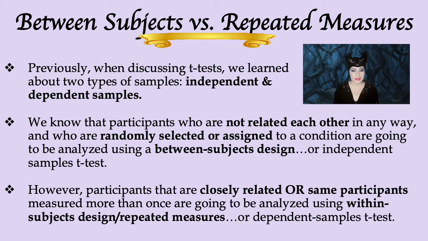However, if participants are closely related, or better yet, if you're testing the same participants over time, more than once, then we would be using a within subjects design, also known as repeated measures. And when we have 2 of those groups, we use the dependent samples t-test.